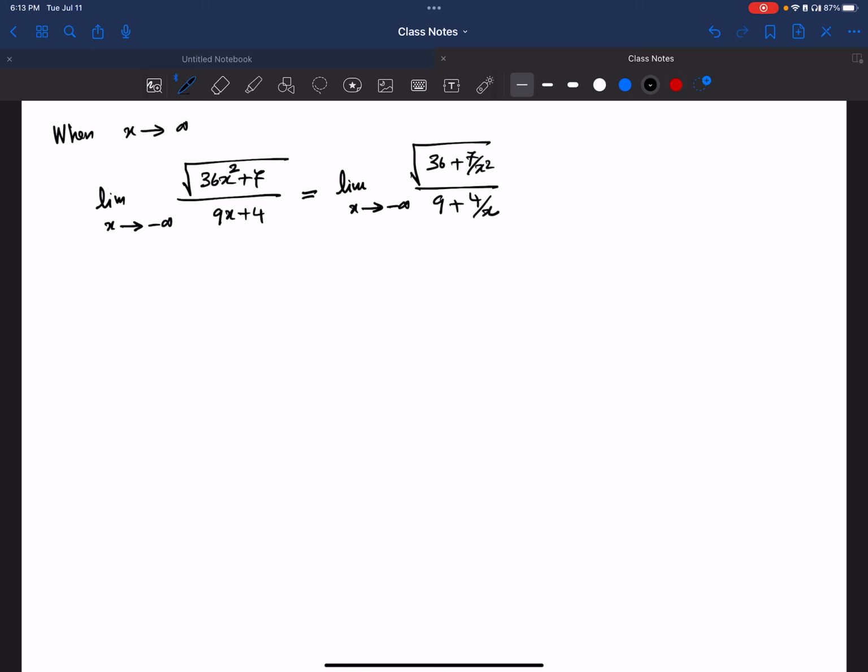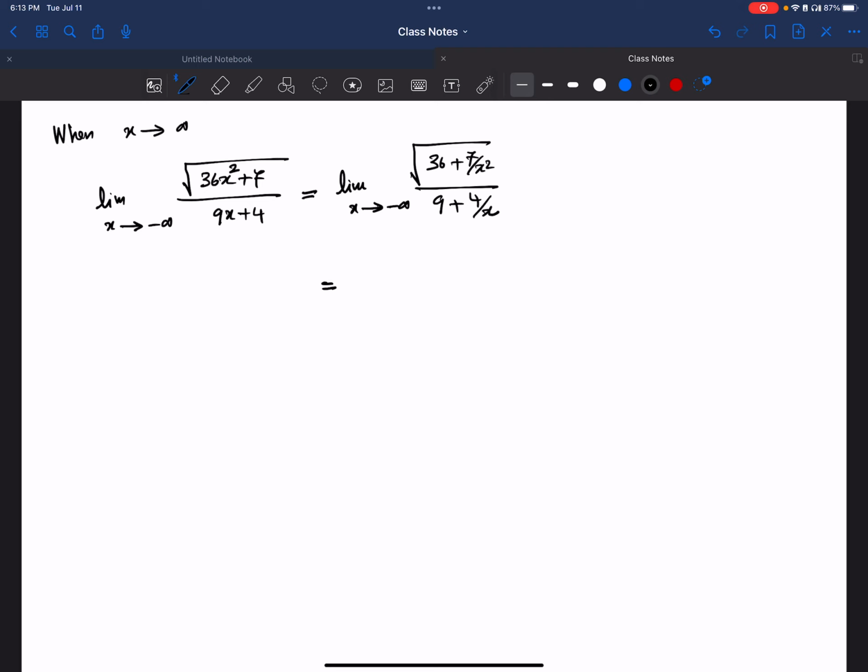When this goes to negative infinity, you can multiply this by a negative value, because now x is negative, right?